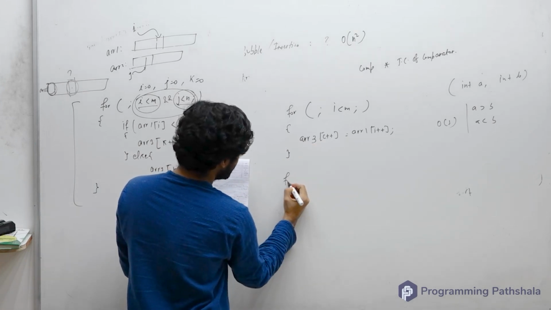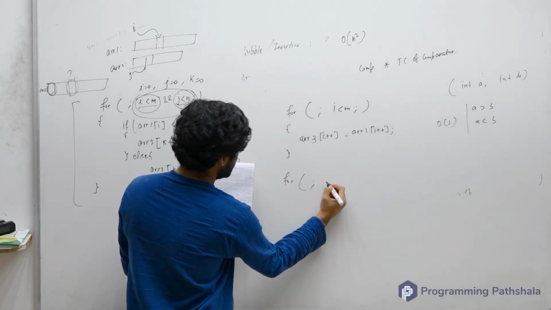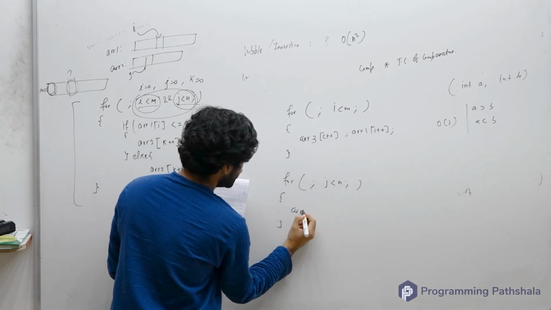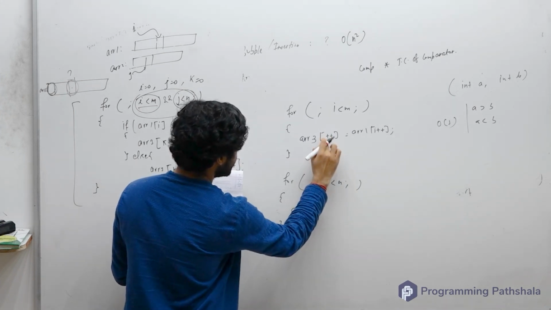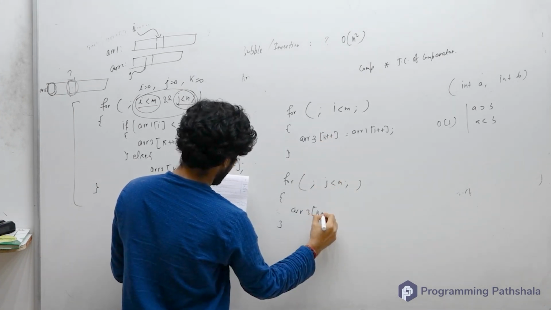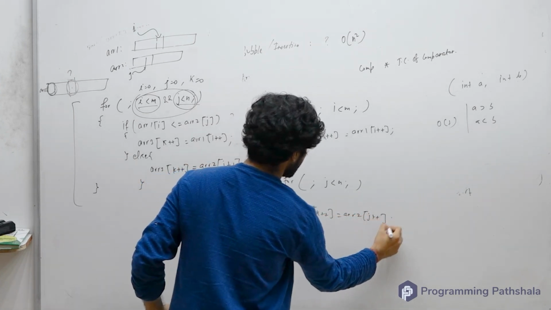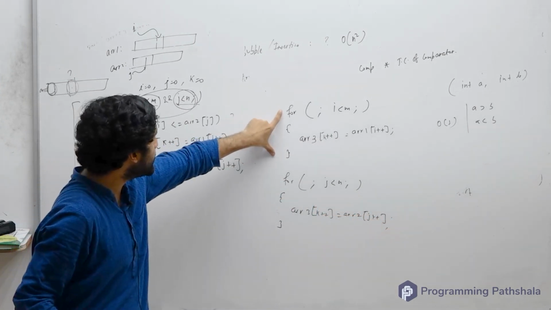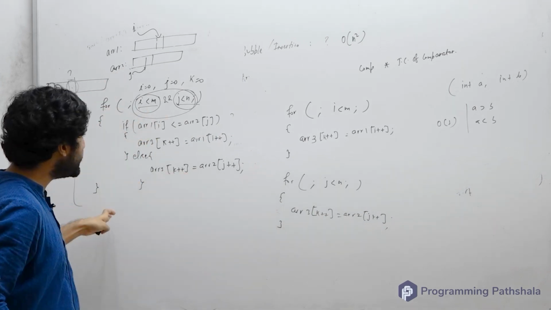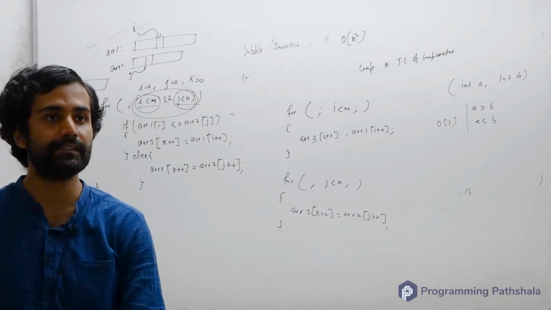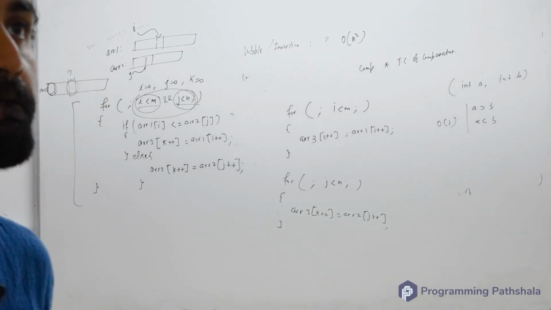And then I'll write another loop, j is smaller than n, and I'll write array3 of k++ equals array2 of j++. So either this loop would run or this loop would run. After this is completed, the elements would be copied back.